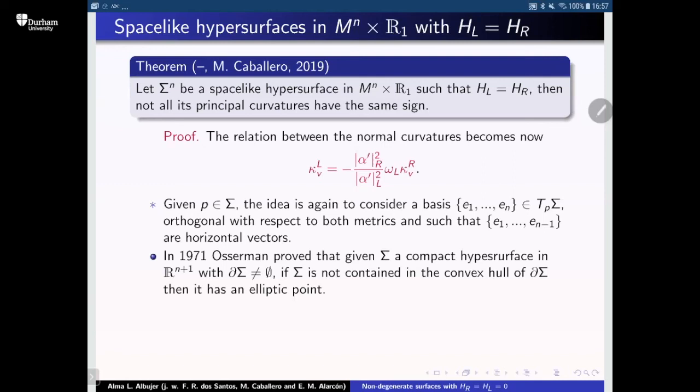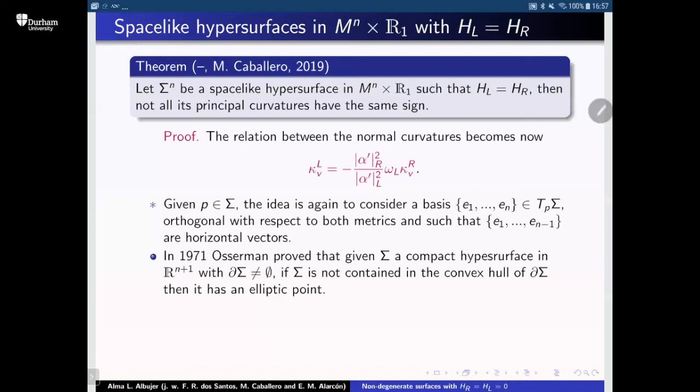Osserman in 1971 proved that given sigma, a compact hypersurface in the Euclidean space with non-empty smooth boundary, if sigma is not contained in the convex hull of the boundary, then it necessarily has an elliptic point.